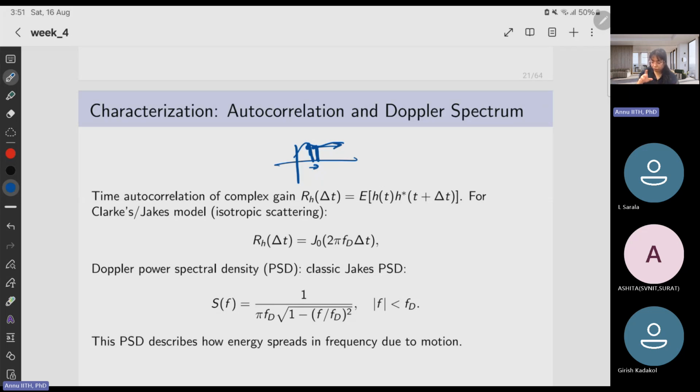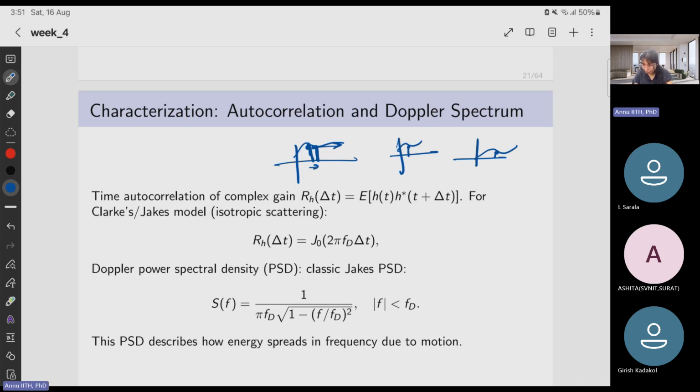It is auto if the signal is the same. The cross means one signal is one and another signal is like this. So you're multiplying and then summing, multiplying and then summing, then it is for cross correlation.